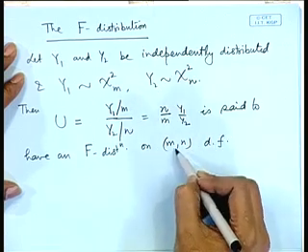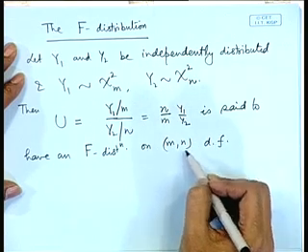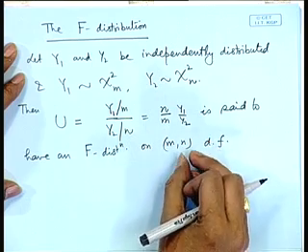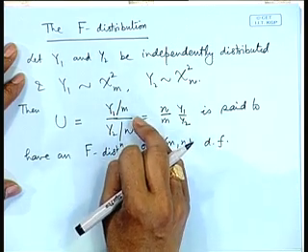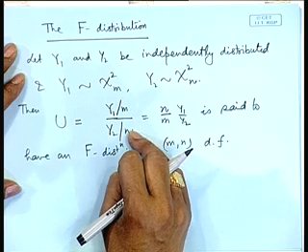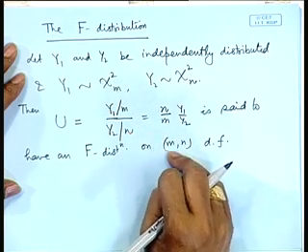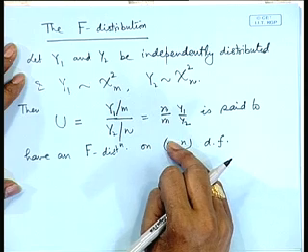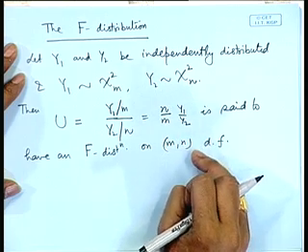Now, here one has to notice that 2 degrees of freedom terms are coming, and therefore, this order is important. If I am having a numerator chi-square variable as m and the denominator chi-square as n, then we will write the ordered pair m, n. That means, if I write n, m, it will denote a different f distribution.